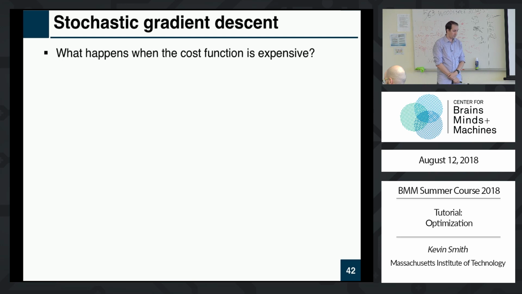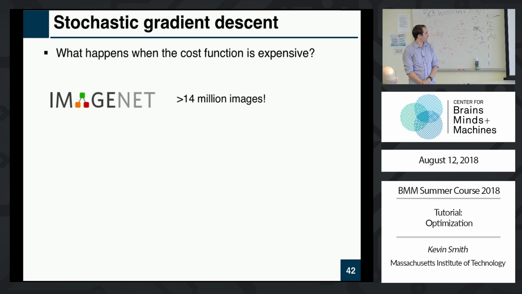Okay, so here the question is, what happens when calculating the cost function is really expensive? So for instance, you take ImageNet. Let's say you're trying to fit a convolutional neural network, and you want to take the 14 million images of ImageNet, and you want to say, well, what is the cost of classifying or misclassifying all of these different images across my network?